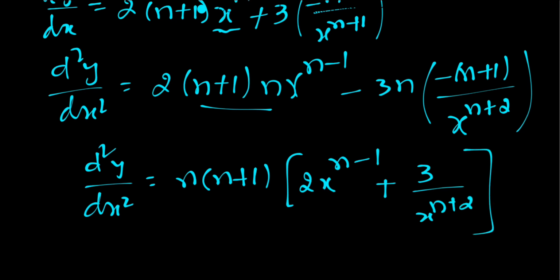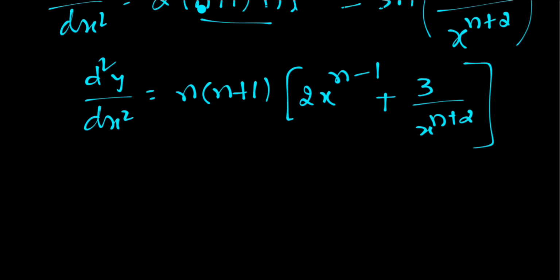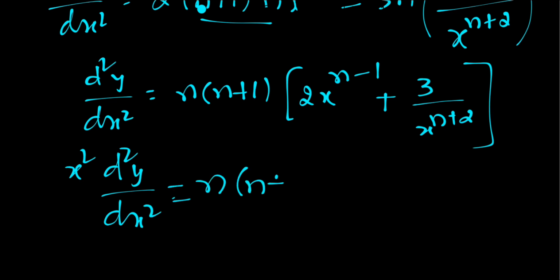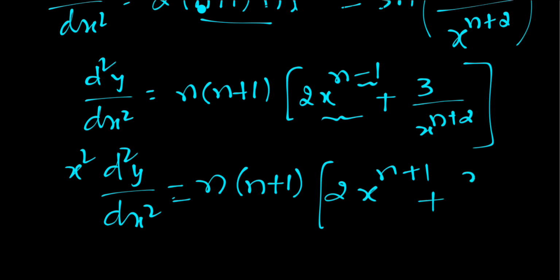The question has x square also, so we need it here. Multiply with x square on both sides. x square d square y by dx square is equal to n into n plus 1. Here if you multiply x power 2, x square, that is nothing but minus 1 plus 2, so x power n plus 1 you will get, plus 3 by x power n. Why?